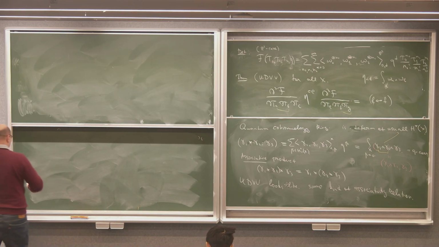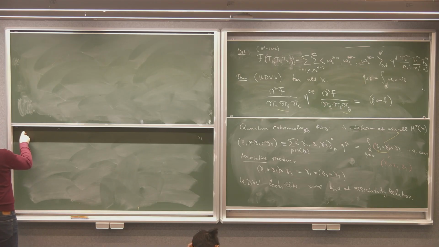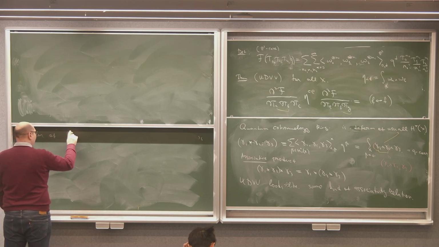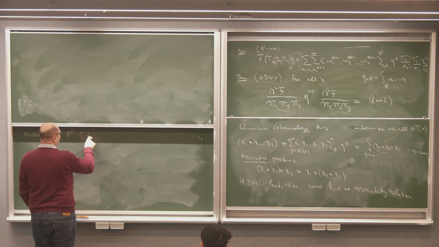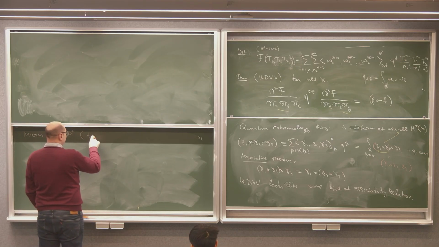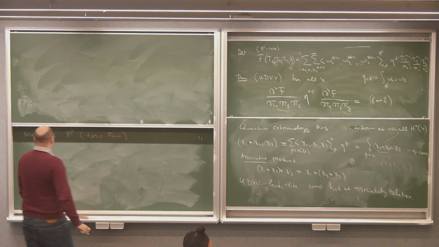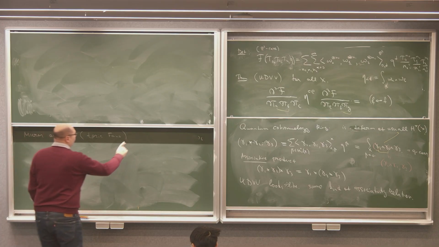Okay, so now the mirror of P1, of P2, and more generally the toric family. It is the following thing.